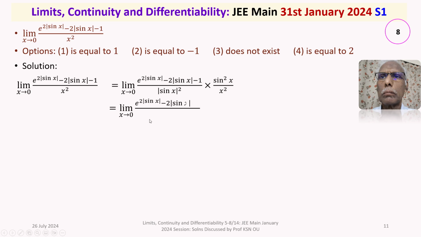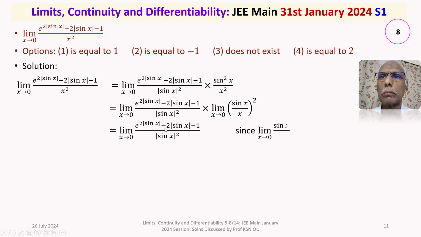So the limit of the first, into limit x tends to 0 of sin x by x whole square. And you know limit x tends to 0 of sin x by x is 1. So you will get limit x tends to 0 of e power 2 times mod sin x minus 2 times mod sin x minus 1 by mod sin x whole square.